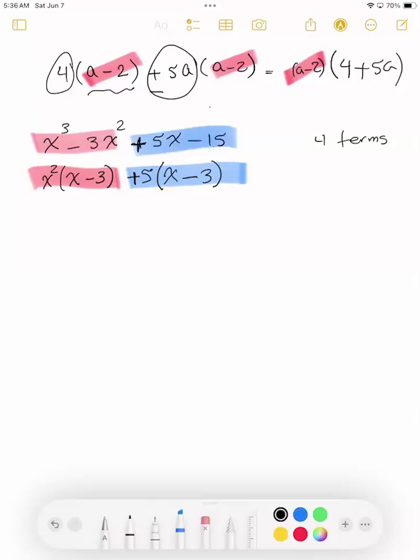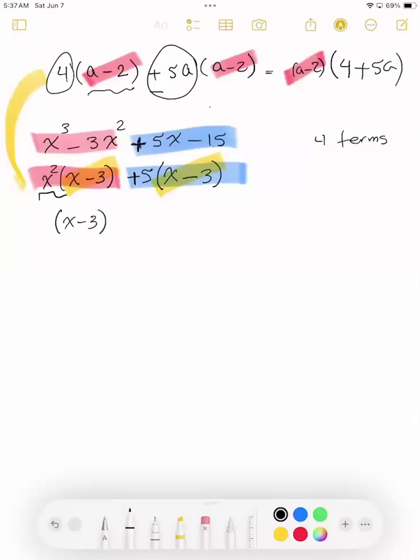Now, when we get to this point, we look for the greatest common factor between these 2. So now this problem and this problem are the same. X minus 3 and x minus 3 is a common factor. So I'm going to factor x minus 3 from these 2 terms.